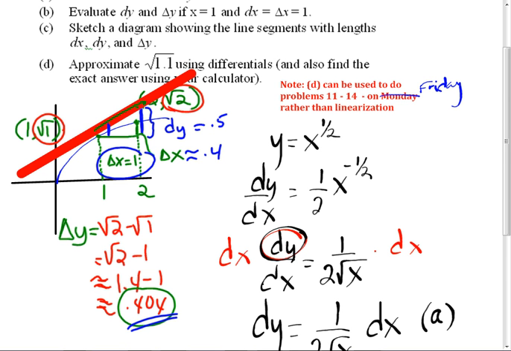And then it says approximate the square root of 1.1 using differentials. I just like to use the geometry. Oh, I want 1.1? No. Oh, maybe I do. This was the square root of 2. What's the square root of 2 using differentials? Remember, this height here, this total height, is the square root of 2.